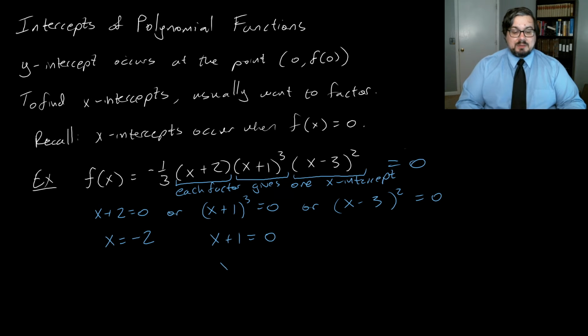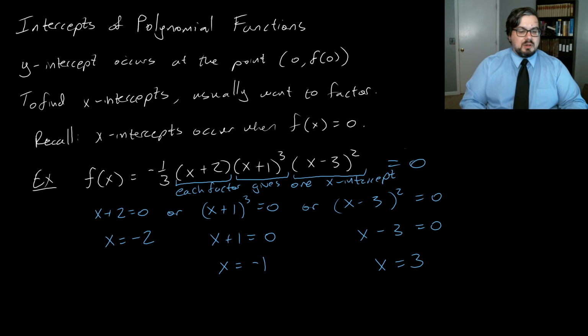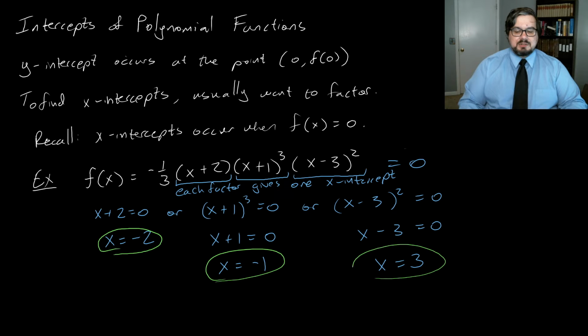Now we can subtract 1 from both sides of this equation to get x equals -1. Similarly, if we have (x minus 3) squared equals 0, that means x minus 3 has to equal 0. That's the only way, since the only number whose square is 0 is 0 itself. And therefore, we have that x equals 3. So we get 3 x-intercepts.